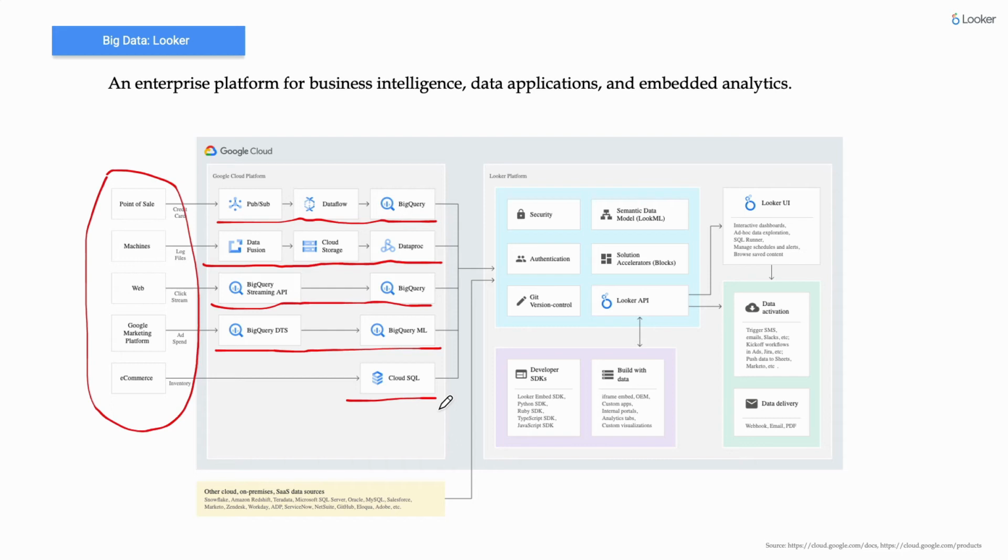So there are a lot of places where data is stored. How Looker works on it is that Looker doesn't store data. Looker always connects to these sources. So these are the sources where data is residing. Looker connects to this data to give you what you need. It comes with a Looker UI where you can create interactive dashboards.